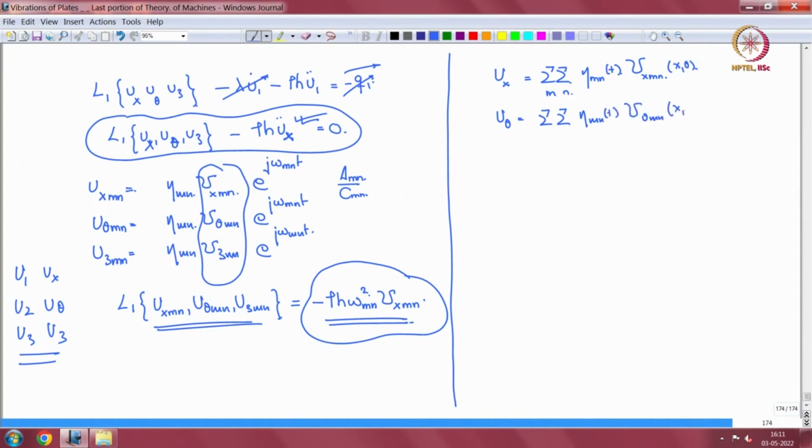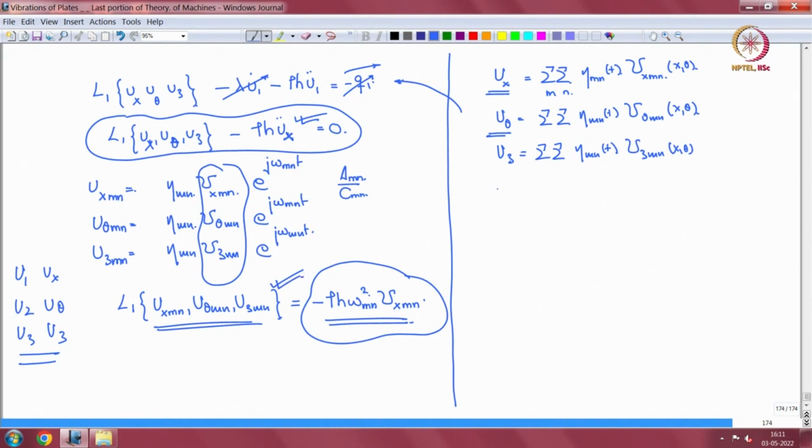Now I am substituting the full displacement, not single modes. Then U3 as a summation over mn of the same eta mn of t, which is called the modal participation factor, U3 mn of x comma theta.